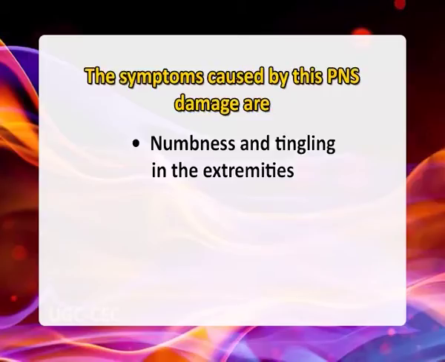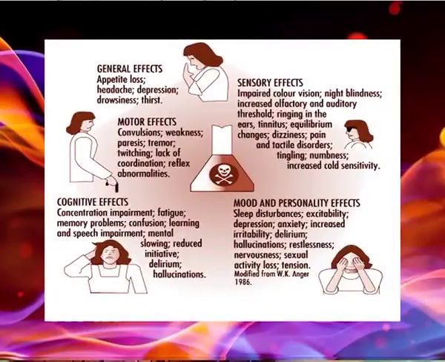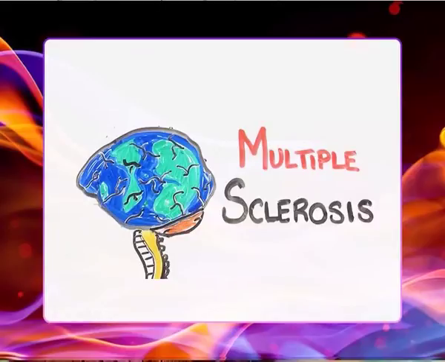The symptoms caused by this peripheral nervous system damage are numbness and tingling in the extremities, weakness and paralysis. Some solvents such as n-hexane, found in some rubber cements and many spray products, can cause a combination of central nervous system and peripheral nervous system effects, resulting in a disease with symptoms similar to multiple sclerosis.